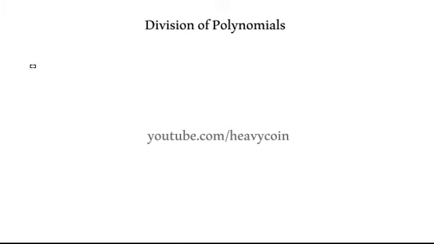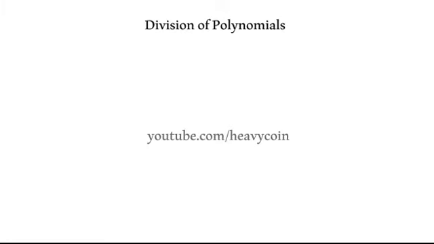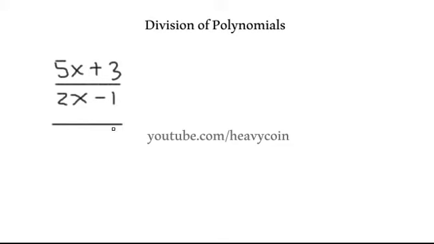Okay. We have 5x plus 3 over 2x minus 1, and that's all over x plus 4 over x minus 2.